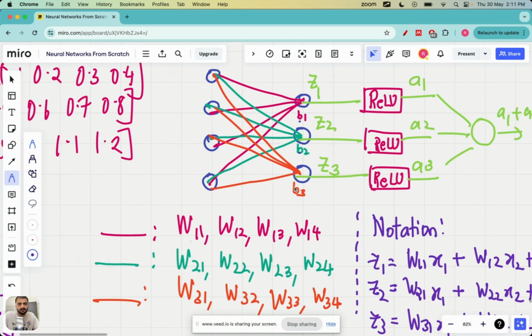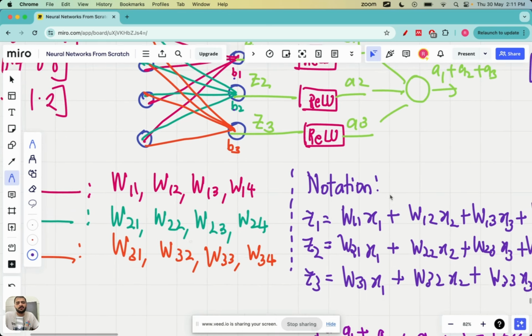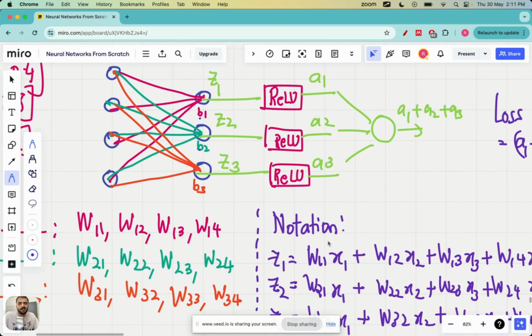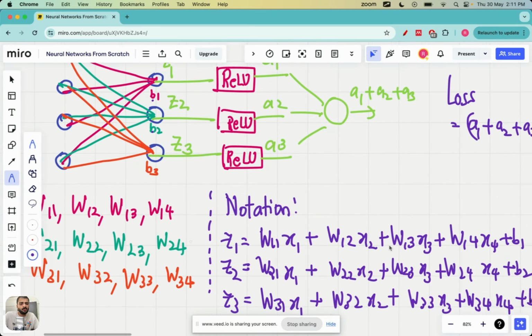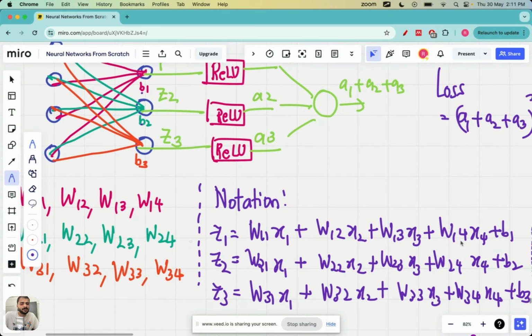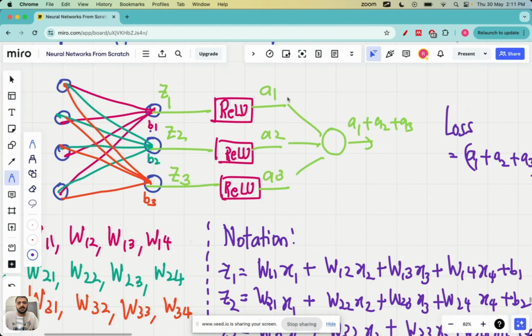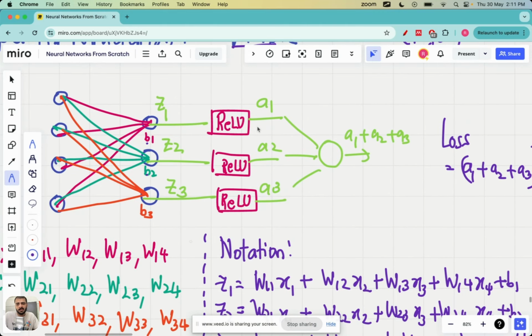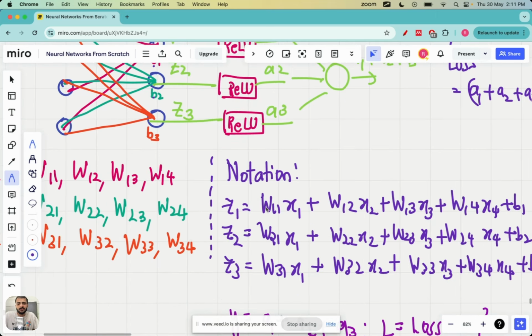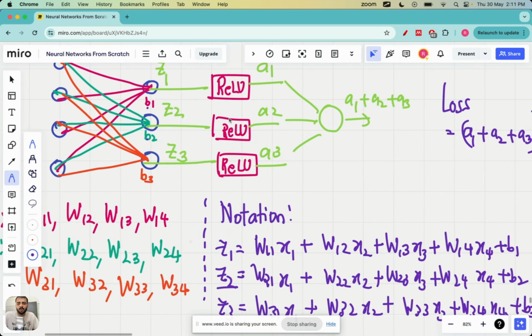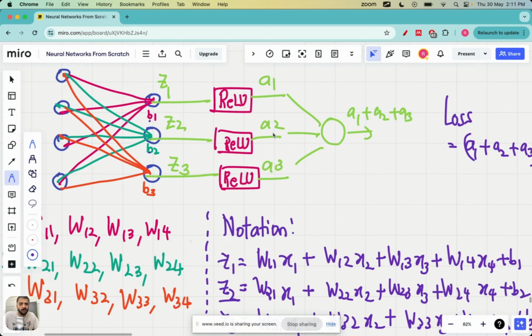Then the output of the first neuron, Z1, is W11 X1 plus W12 X2 plus W13 X3 plus W14 X4 plus B1, which is passed through the ReLU, and that leads to the answer A1. The output of the second neuron, which is Z2, is passed through ReLU, which leads to an answer of A2.